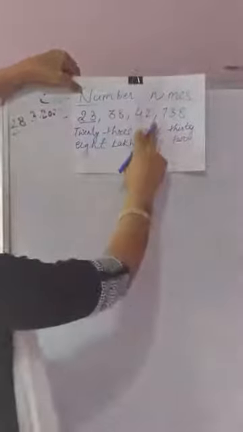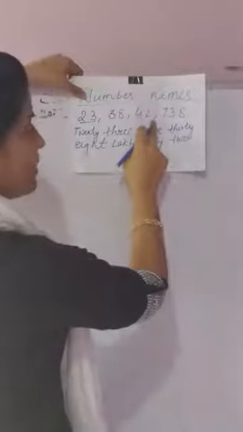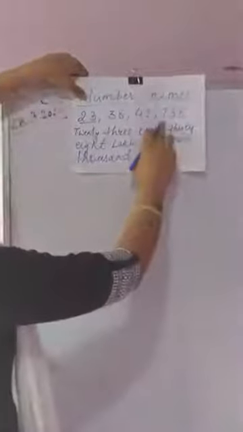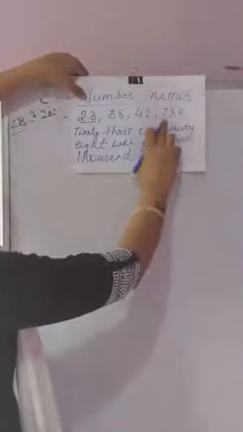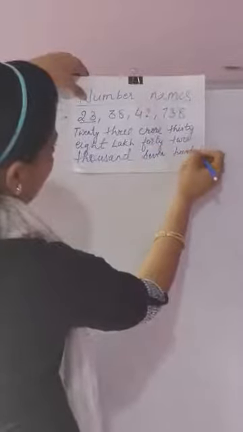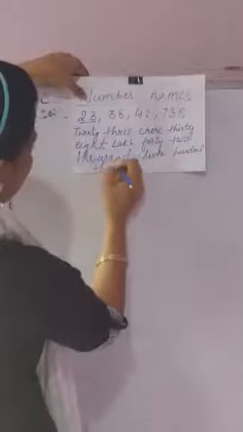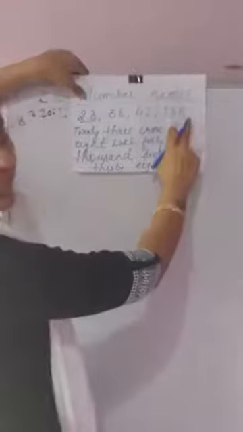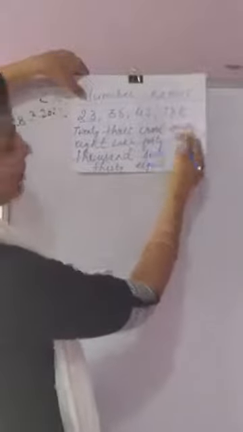And again comma comes. This comma is representing this period, and this period is 1000. And then 738. We'll write 738. No comma, so no period name. Full stop. In this manner, you can write number names of any given number up to 9 digits.